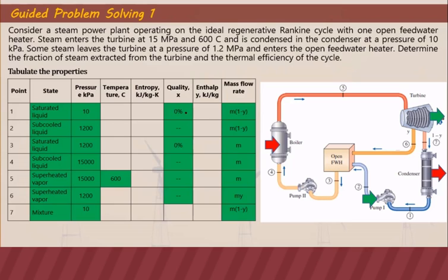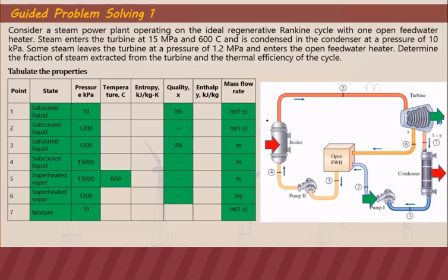For the mass flow rate, take note that the extracted steam is y. So the remaining steam that will flow at this branch is 1 minus y. When we multiply it with the mass that enters here, then that is the mass flow rate at point 7 at the condenser.